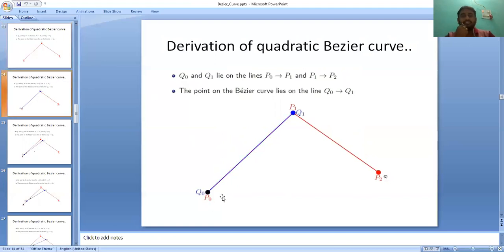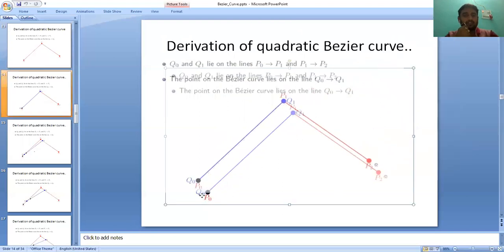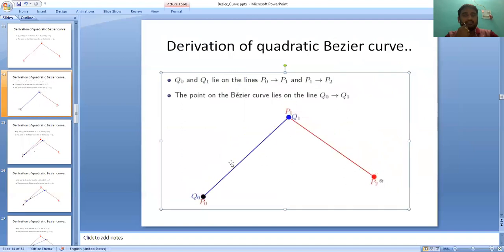Let's suppose initially Q0 is at P0 and Q1 is at P1. So both the properties are satisfied: Q0 is at P0 means it is on the P0, P1 line. Okay. And Q1 is at P1 means Q1 is on the P1, P2 line.